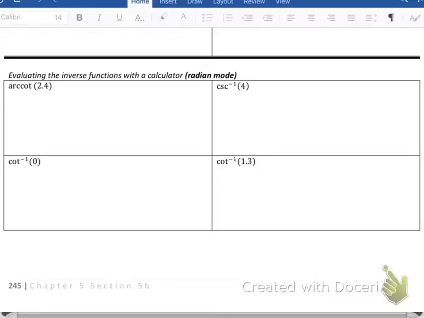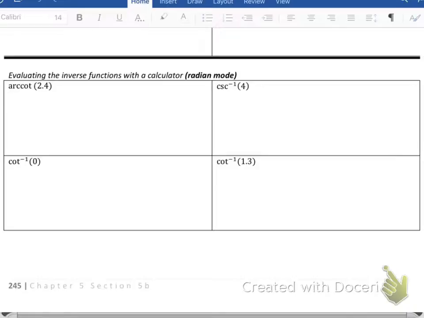All right, the last thing we need is our calculator. This time we're going to put it in radian mode. On the test, I will specifically tell you if you need to use a calculator and what mode it needs to be in. Either I'll put radian mode or I'll just put in radians. So I need to do the arc cotangent of 2.4.